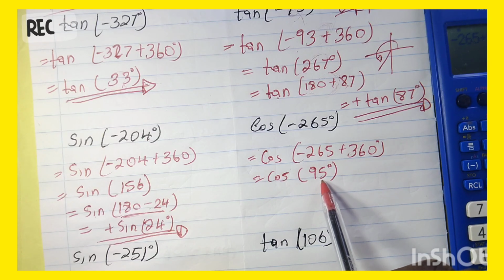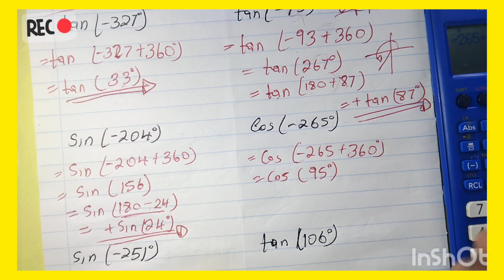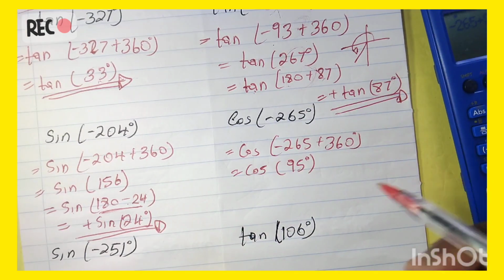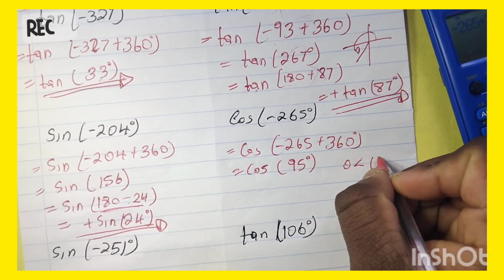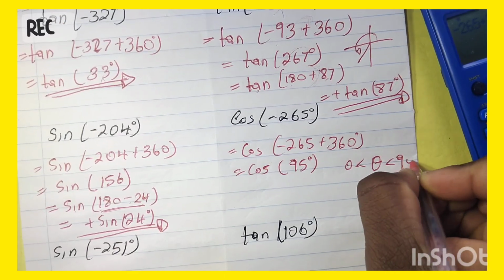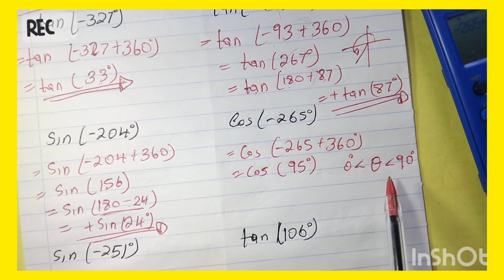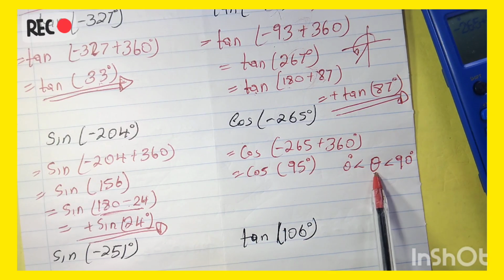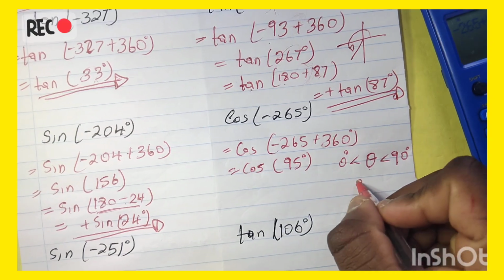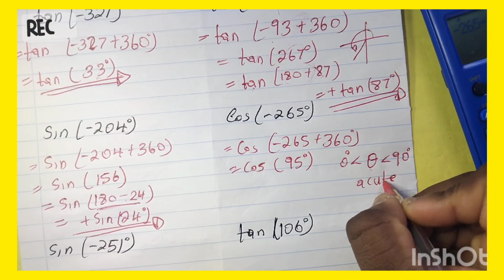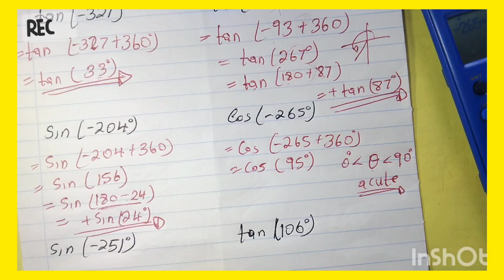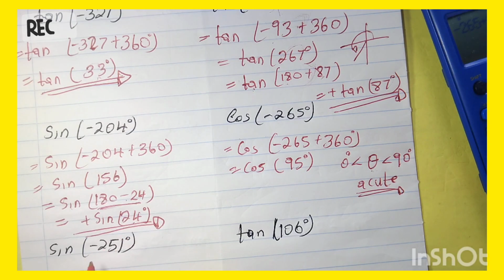So if it is greater than 90, it's not acute angle. Obtuse angle, guys, must be the angle between 90 and 180. Acute angle is an angle which is between 0 and 90. So our answer, guys, we should leave as an acute angle.